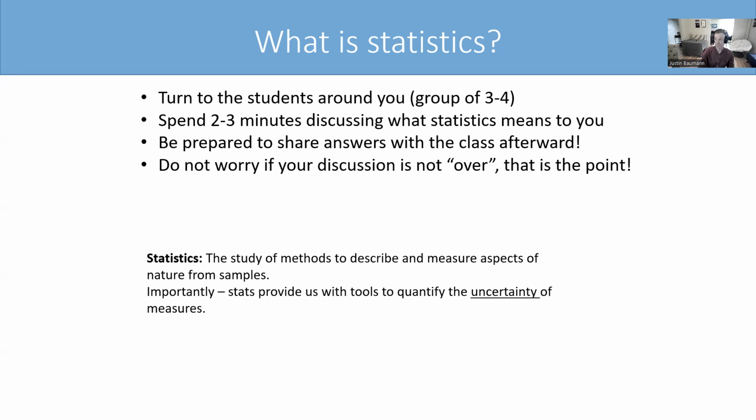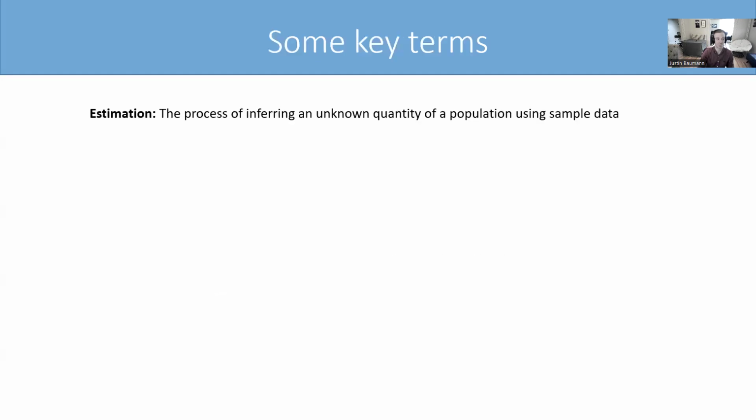Before we dig into statistics generally, I just want you to have some definitions. So let's go over a few key terms. Estimation: the process of inferring an unknown quantity of a population using sample data.